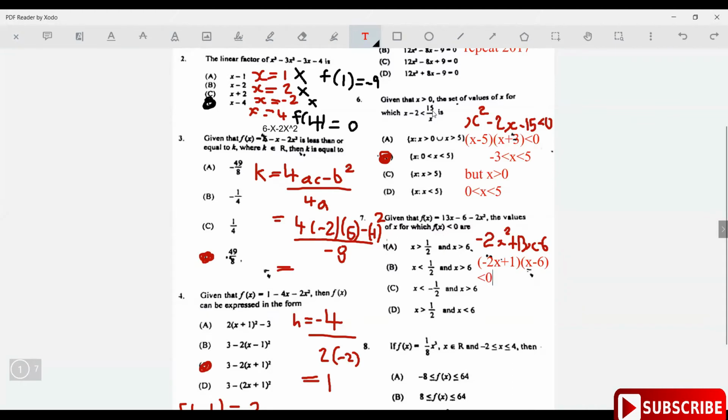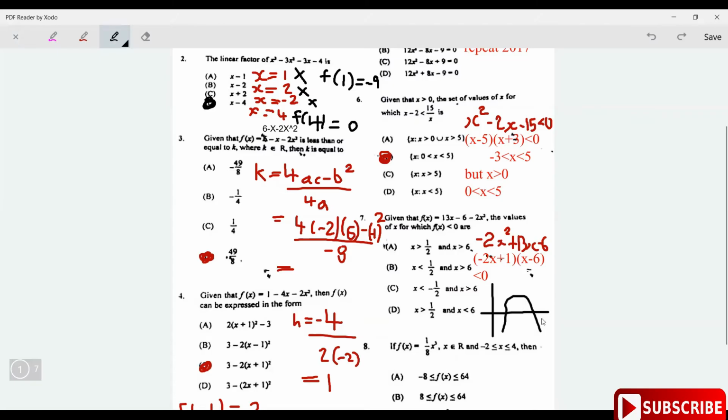If we want when this is less than 0, I'm just going to sketch it. It's always good to sketch the curve to show you what is happening. Sketching the curve, the roots are 1/2 and 6. This one is 6. This one is 1/2.